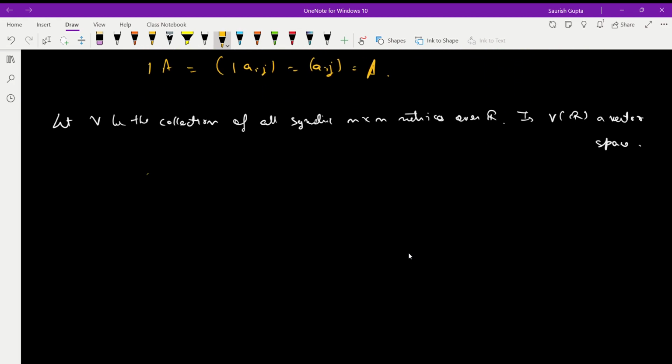So let's check this. To check whether V is a vector space, we need to again follow these axioms only.